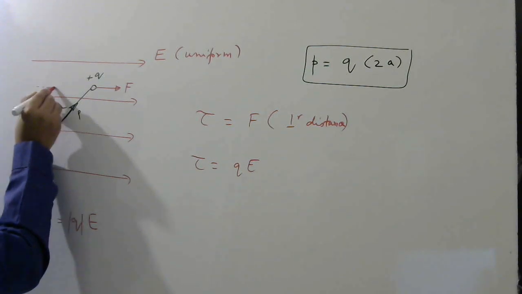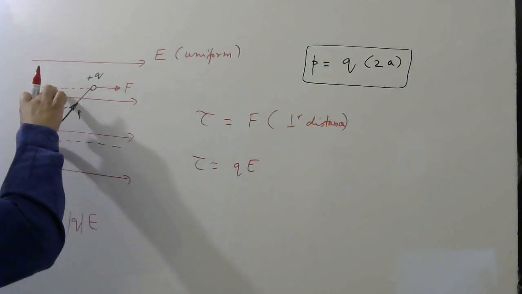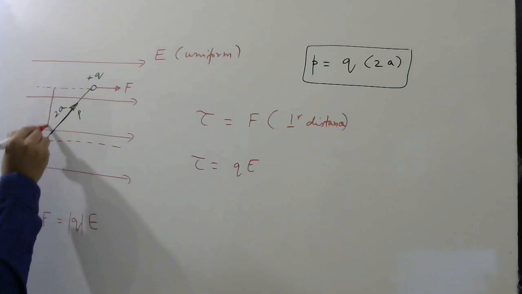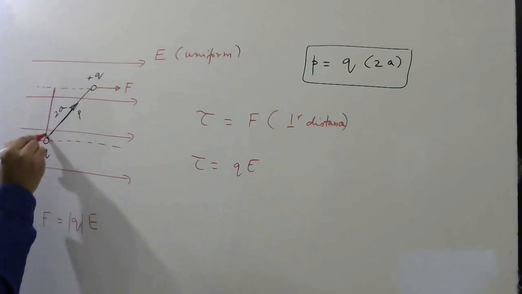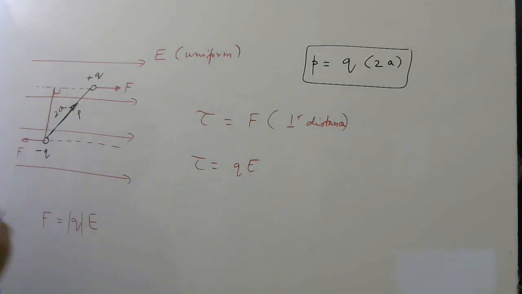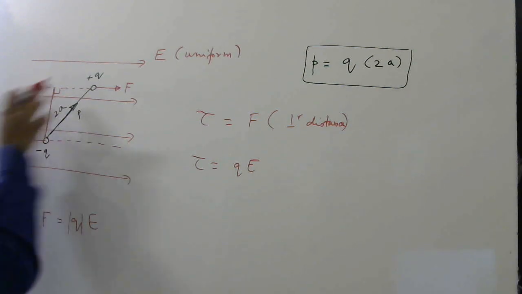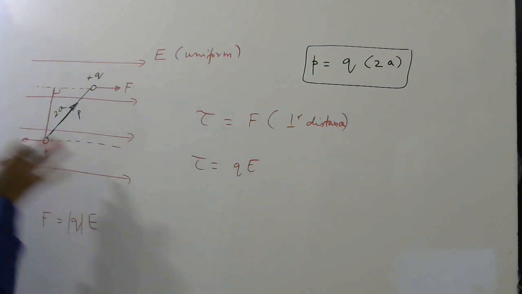Okay, now perpendicular distance, let us try to find. So let us draw this line of force. This is the line of force. So you need this distance, or you can say this distance. So this is your perpendicular distance. Now this is electric dipole moment, and these red lines are the electric field lines.